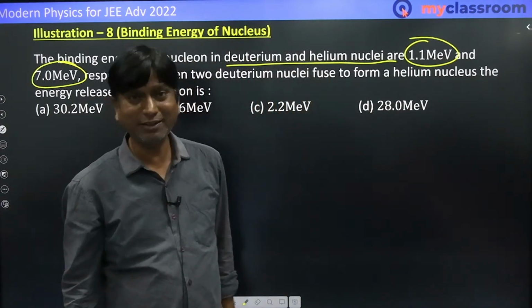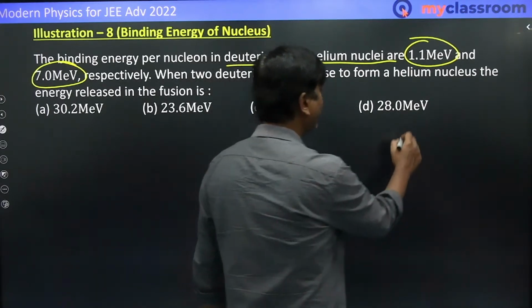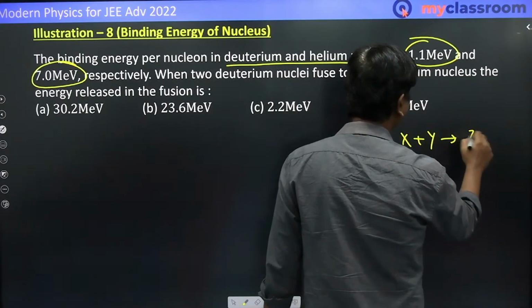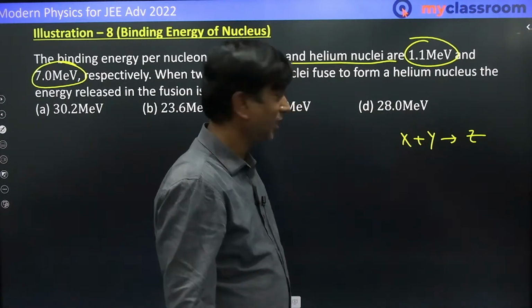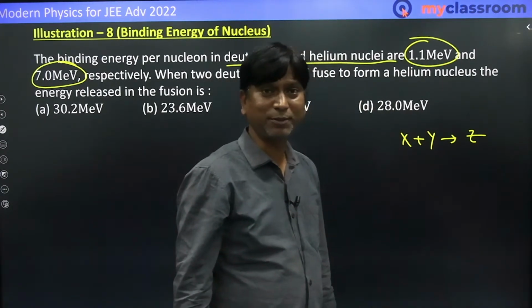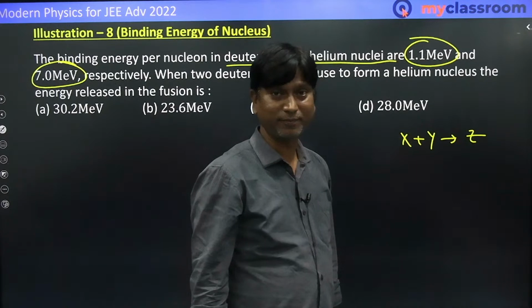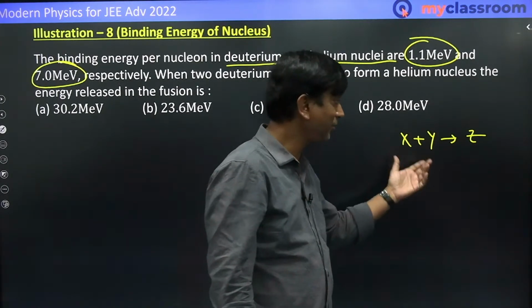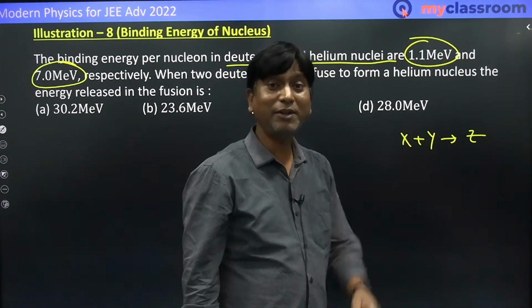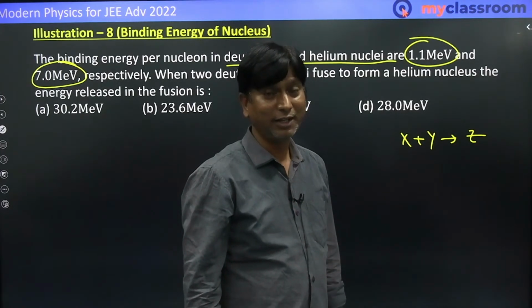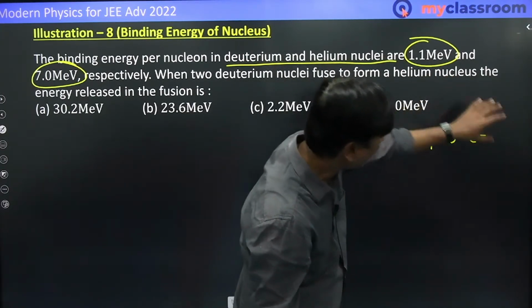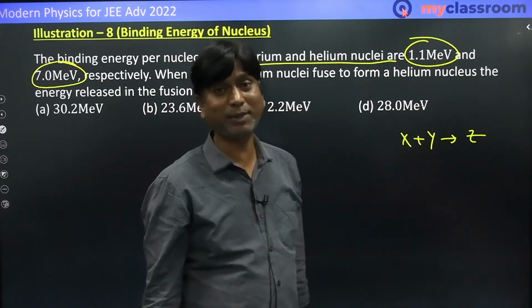If x plus y comes out to be z and masses are given, when LHS mass is greater than RHS mass, mass is lost, so energy will be released. But with the binding energy concept, energy will be released when the RHS binding energy is greater than the LHS binding energy.